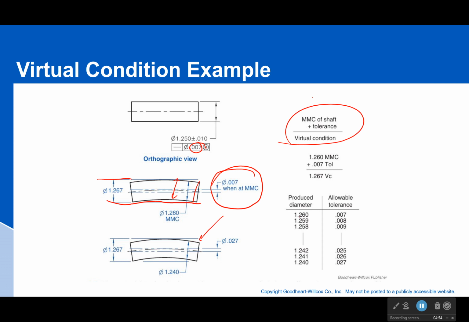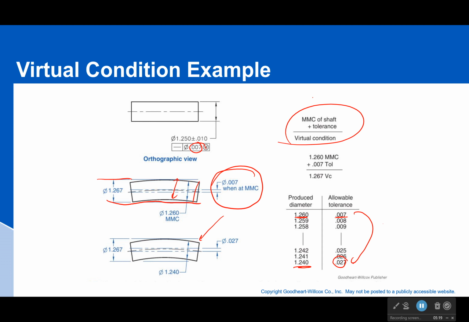And you see that right here. So at 1.26, which is my max material condition, I get an allowable tolerance of 0.007. But as I get all the way down to my least material condition of 1.24, I get an allowable straightness tolerance of 0.027. So that has almost quadrupled my tolerance, which is amazing. And it will still pass.